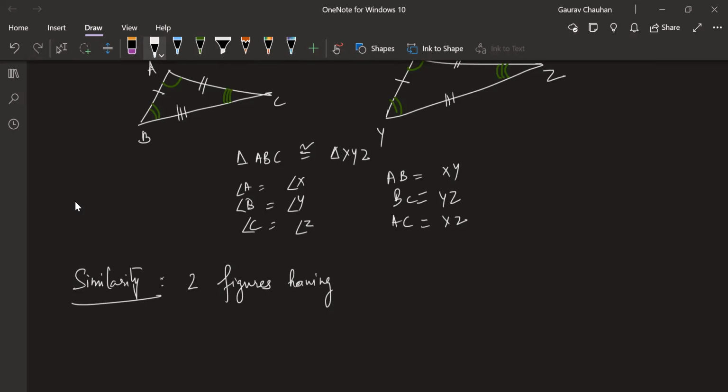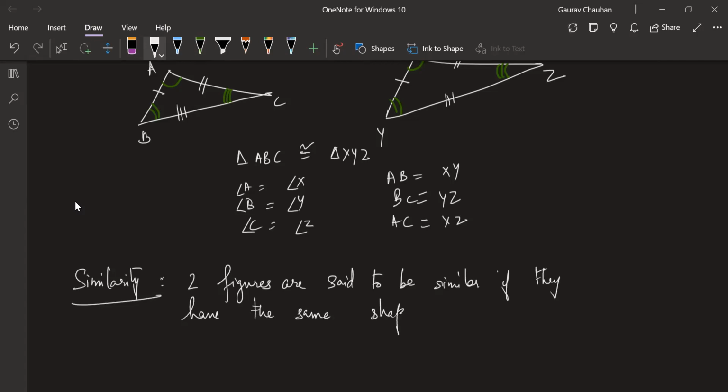Two figures are said to be similar if they have the same shape, which means they look similar. They may or may not have the same size.